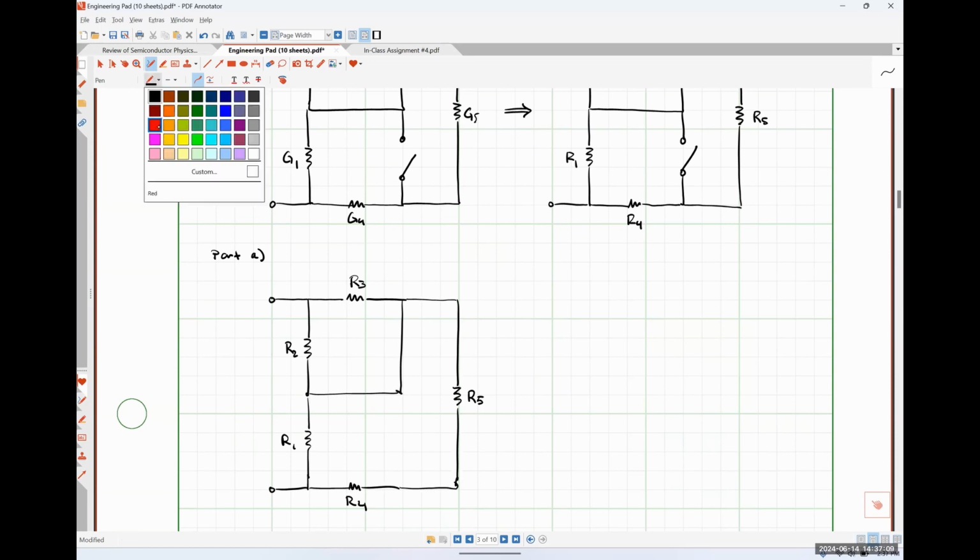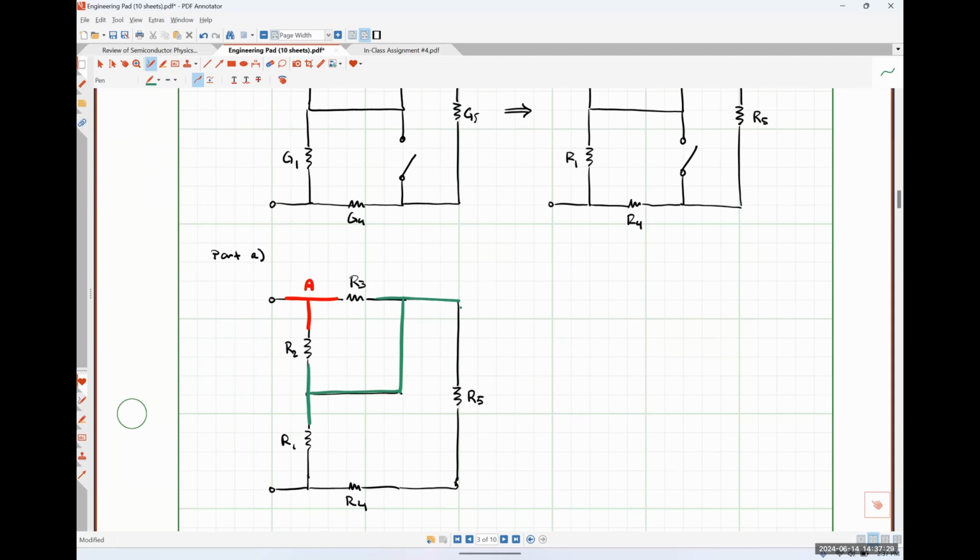So I could quite easily identify my nodes. So let's call this node A. Let's call this node B. We can call this node C. And lastly, this guy over here, node D. And using the techniques that we talked about in our last class meeting, I'm trying to find the resistance between nodes A and C. So I'll put A over here and C over here.